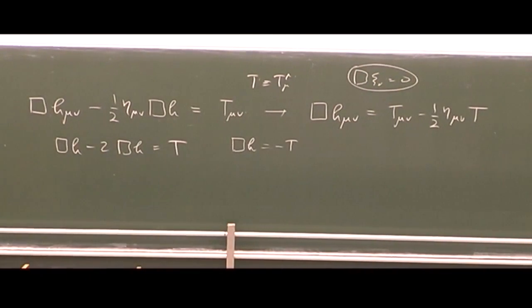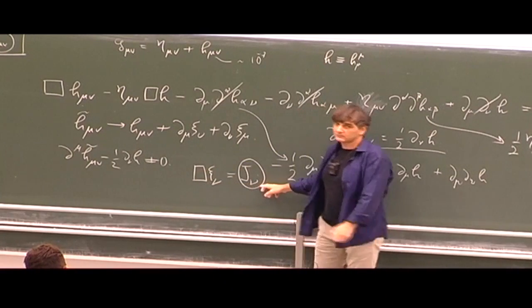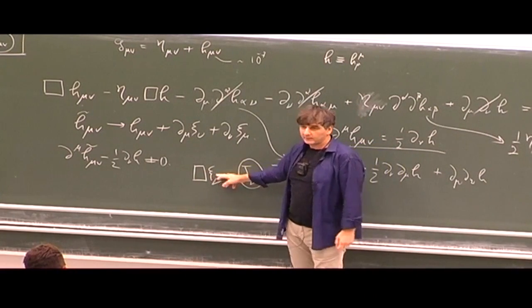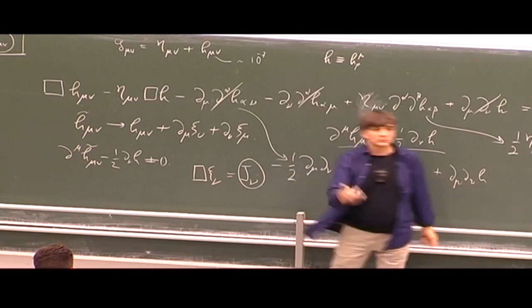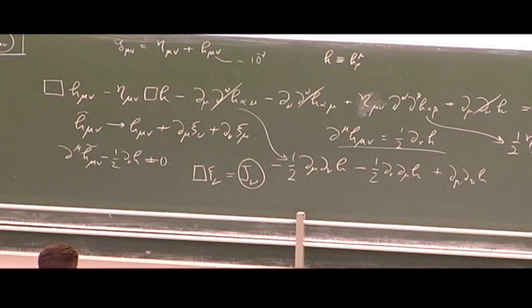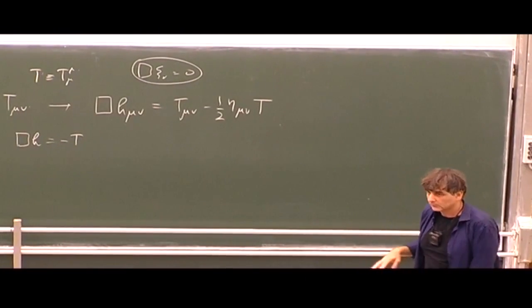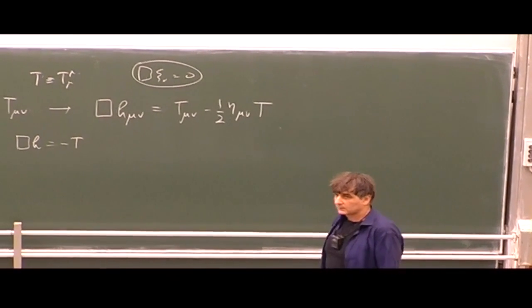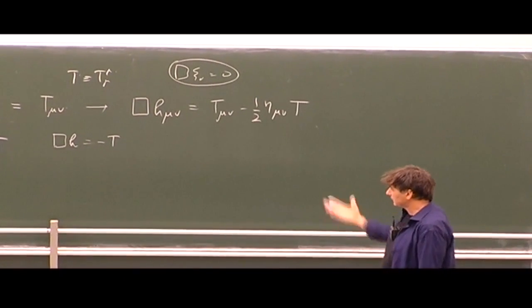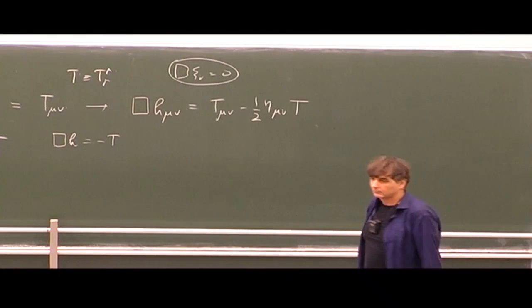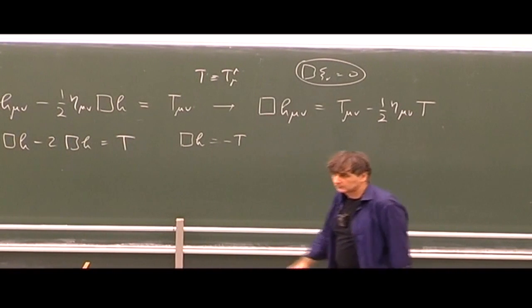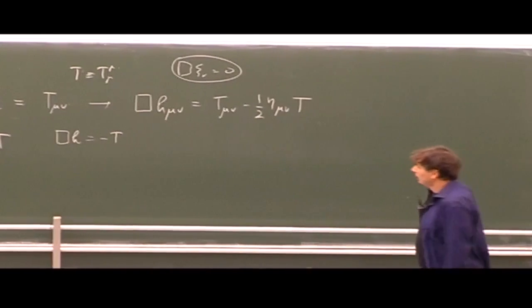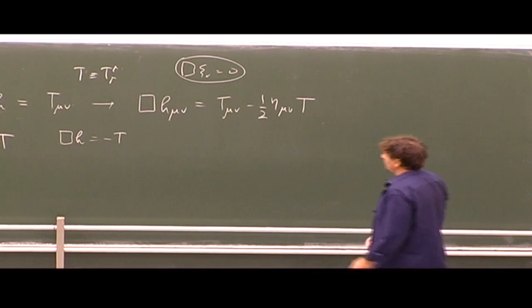Because this condition is not affected if I shift psi by anything that satisfies the free equation. We can use that residual freedom to kill 4 on shell, and we are left with 2. So there are 2 physical degrees of freedom described by this propagating field. So far everything is fine. Very good.